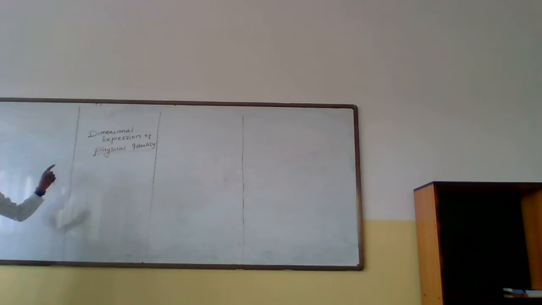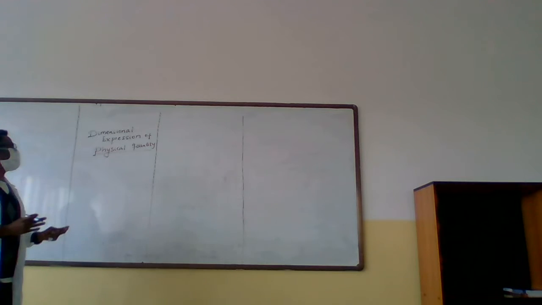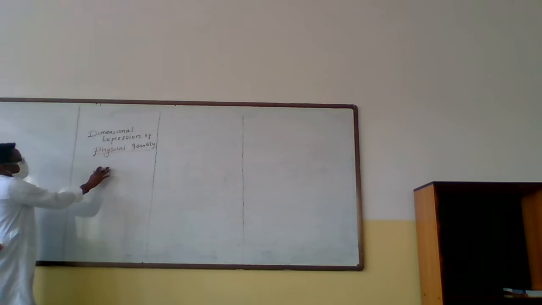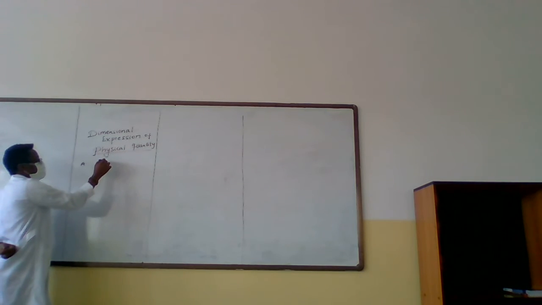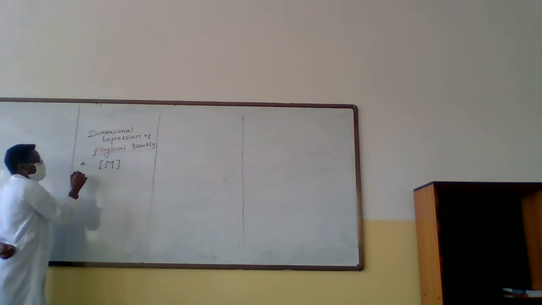So the dimensional expression of a physical quantity is an expression using the units of the physical quantity. Any quantity measured in terms of mass is expressed with the symbol capital M in brackets.